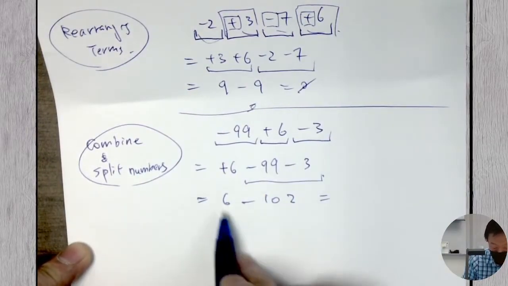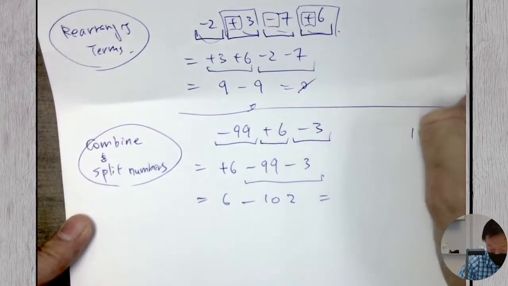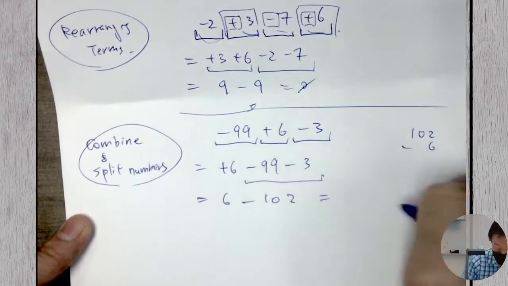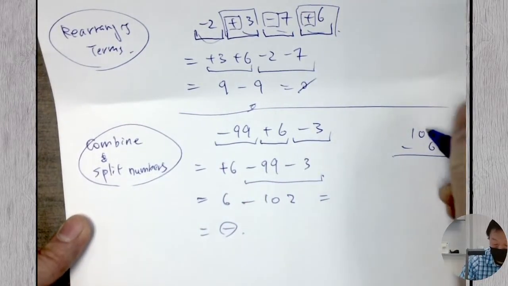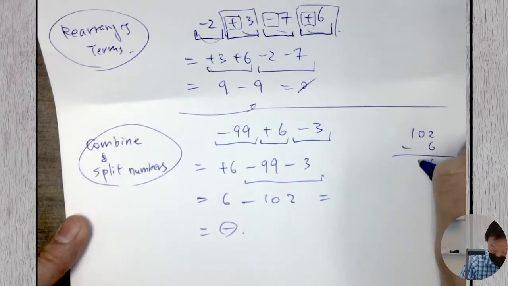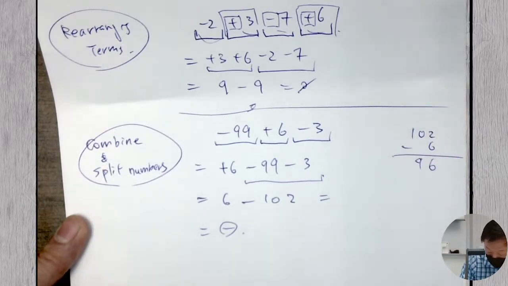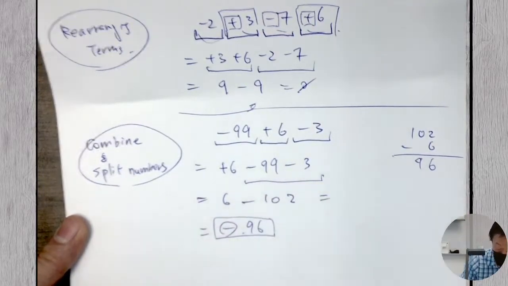When you are subtracting a larger number from a smaller number, you can just take the larger number minus the smaller number. You know the outcome is going to be negative, right? Then you take 10 from here, minus 6, you have 4 left, 6 in ones, and then you have 9 over here. So negative 96 would be your answer in this case.